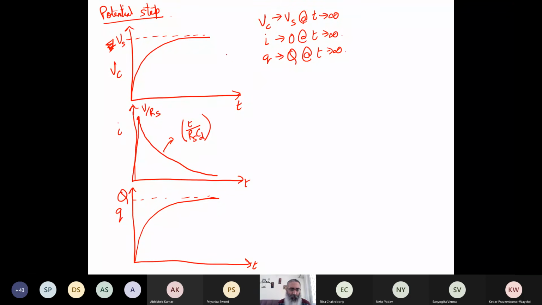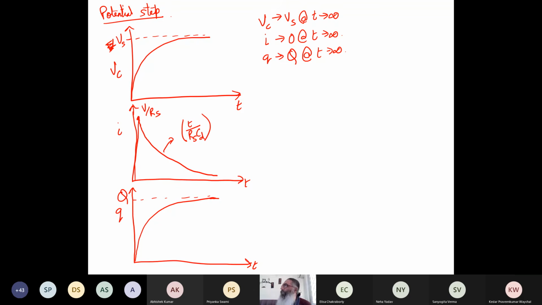These are the three curves which help you understand and appreciate the response of the capacitor that is developed at the interface because of the application of a potential step.